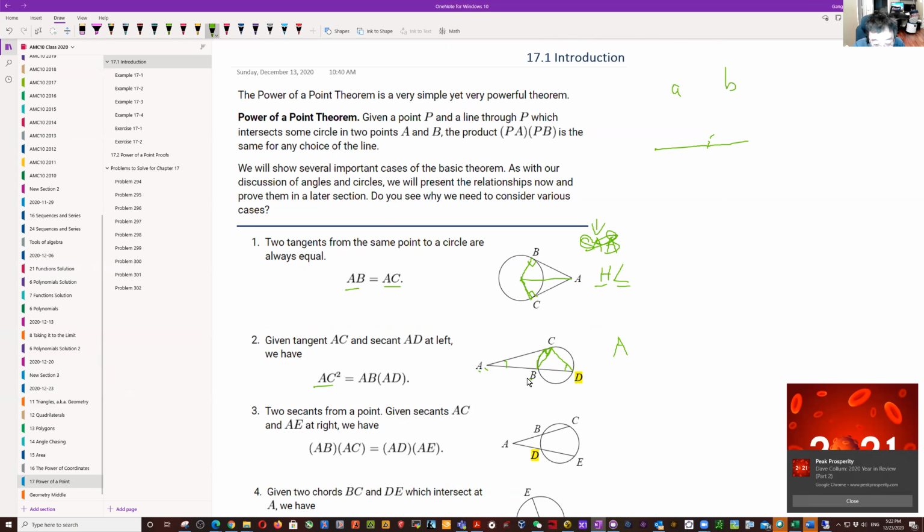So basically, triangle ABC is similar to triangle ACD. Because they are similar, this is obviously the longest line on the triangle, and this is the second longest line on the triangle.